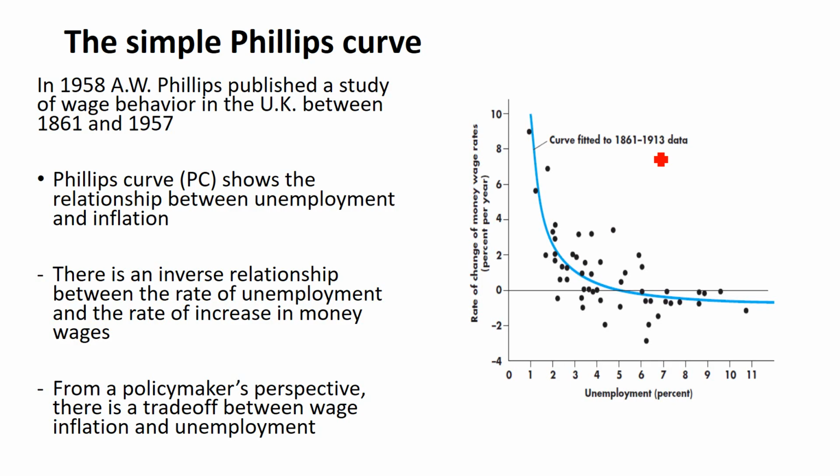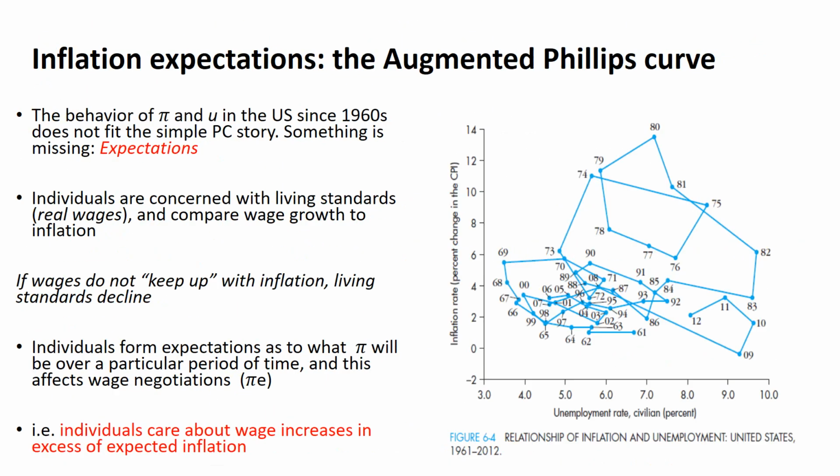What was evident when more recent data was considered is that the data did not show such a nice, neat relationship between wage inflation and unemployment rates. This diagram illustrates that although there are periods in time where you can identify a nice downward sloping Phillips curve, for example 1961, 1962, 63 is a bit of an outlier, but then you've got 64, 65, 66, 67, 1968 and 1969, you can see that over the 60s there was a downward sloping Phillips curve.